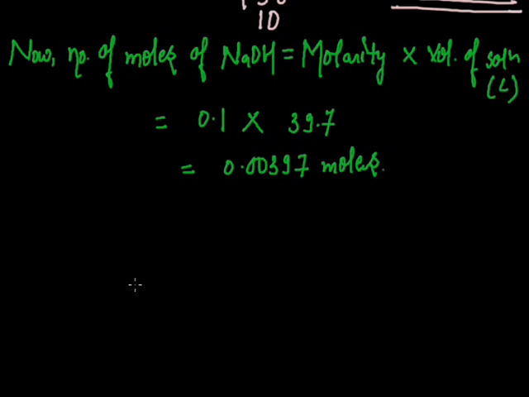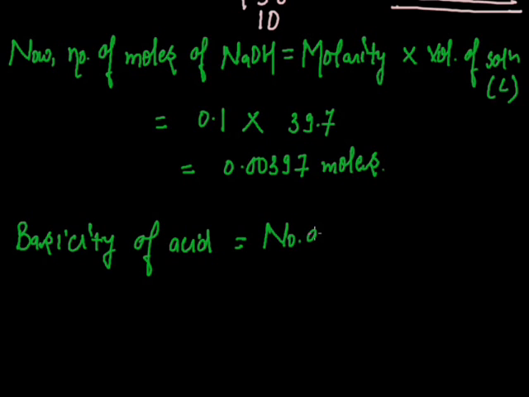Now what we have to find is the basicity of the acid. Here the basicity of the acid will be found with respect to the base, which is NaOH. So to find the basicity of the acid, we'll just compare the moles of the NaOH with the moles of the acid.